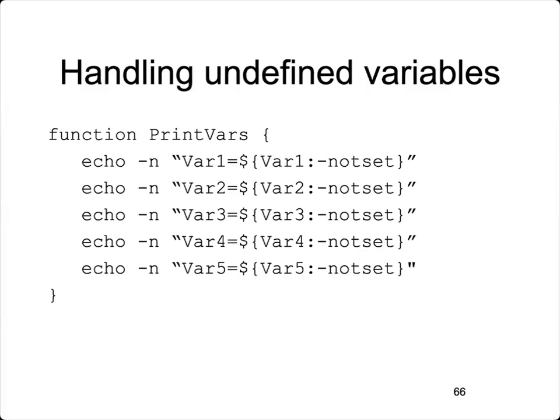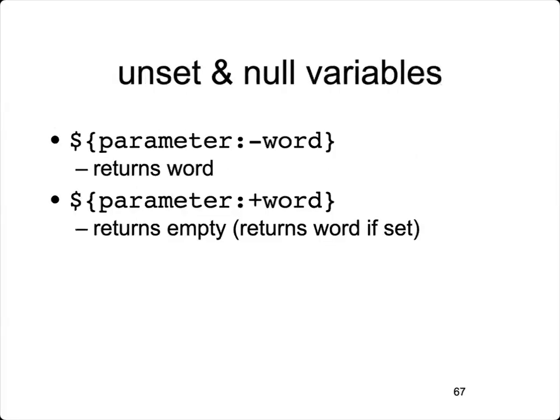All right, let's talk about handling undefined variables. So you saw this earlier. This is how we tell it to have a default value for the variable if it's unset. This one simply returns word if it's not set. It doesn't set the parameter, it just returns it.